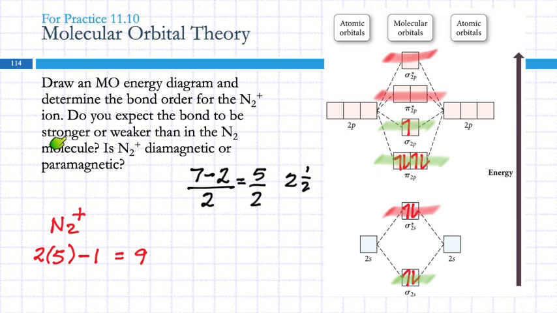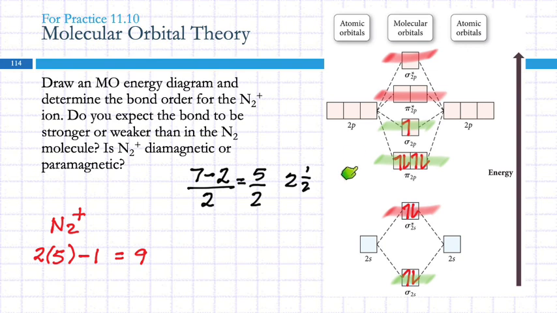Do we expect this bond to be stronger or weaker than an N2 molecule? Well, we're looking at N2, and it had a bond order of 3. But maybe this is an exam question, and we don't remember what it was, and we don't want to do this whole thing again for N2. The difference between N2 plus and N2 is that N2 has 1 more electron.